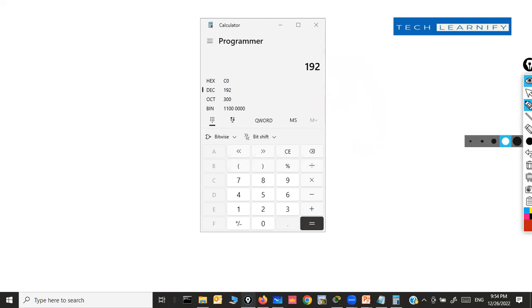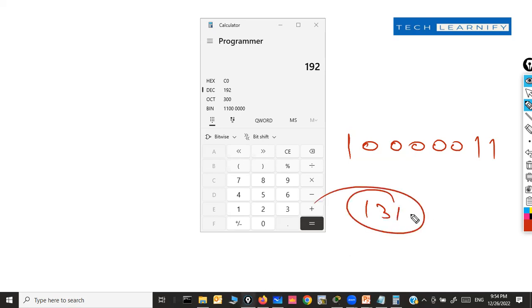For example, if you see any binary numbers, let's say written this way, 1000, suppose, it's the binary number equivalent of 131. But you should know how this is converted.